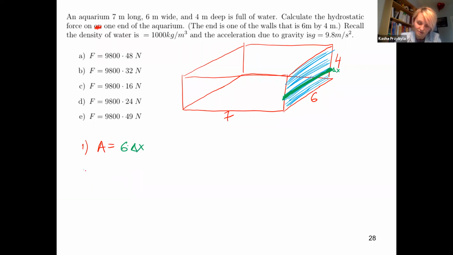Excellent. The second step, we will need pressure. We know that pressure is the force over the area. Shall I write all of the formulas? What is helpful to know is that the final answer will be rho, the density, times the acceleration due to gravity, times the depth, which we will call x sub i.